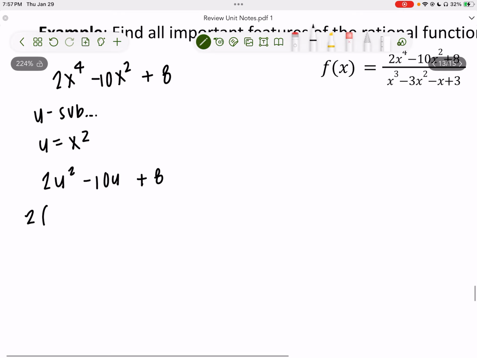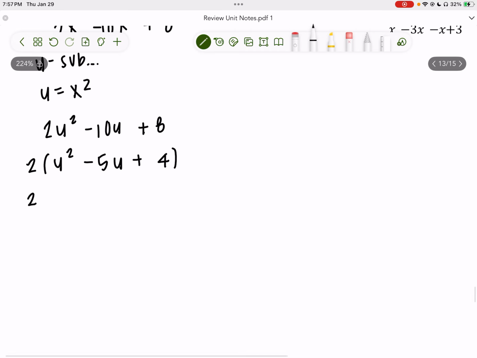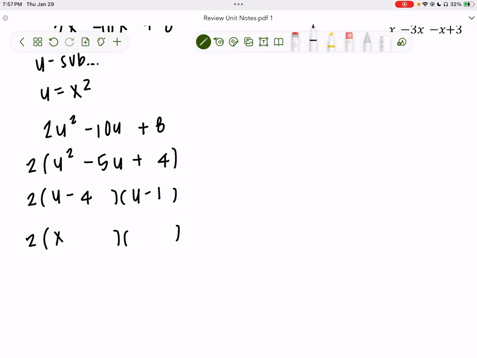I'm also going to just factor out a 2 because I want to use the smallest numbers possible. And now let me factor. I have u minus 4 and u minus 1. I'm looking for factored form, so this is where I stop. Let me go ahead and replace everything back with x squared. And here is the factored form of my numerator.